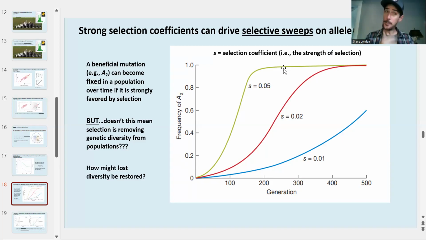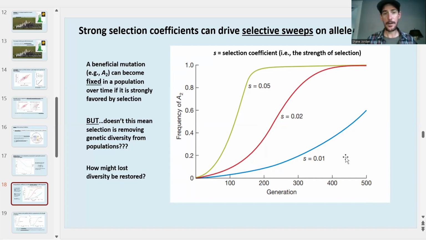But that could be a bad thing because there could be certain situations where all of a sudden the environment changes and only having one copy of an allele present at both of the 2 homologous chromosomes, for example, is not favorable. But anyway, this is a simple model. It's a hypothetical example. And the reality of it is, over the course of this many generations, 500 generations, it's very likely that other evolutionary forces are going to come into play, either new mutations or the influences of things like genetic drift.